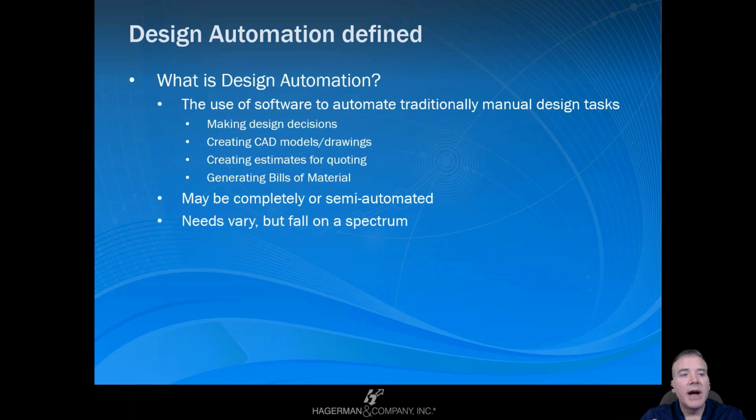Where you may also need to do things like create estimates for quoting. That's a really popular application to tackle with design automation because quoting is bidding for work. You're not getting paid. There's no guarantee that you're going to get paid for doing that work.